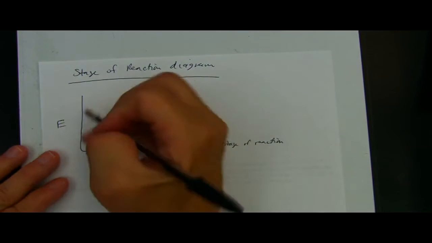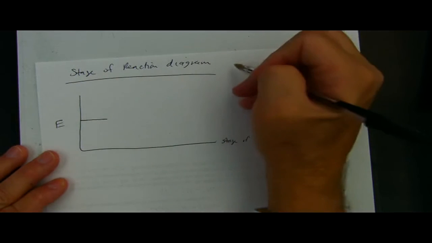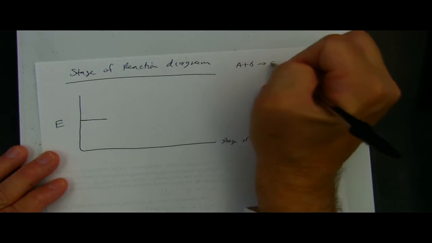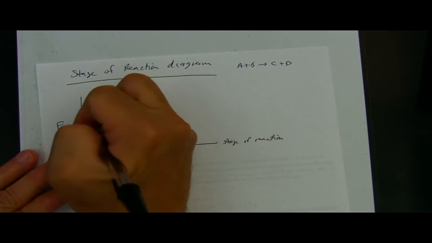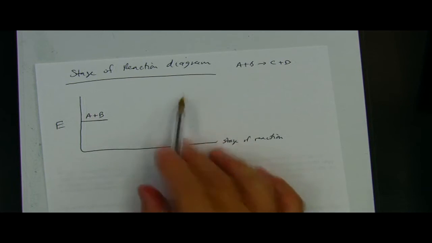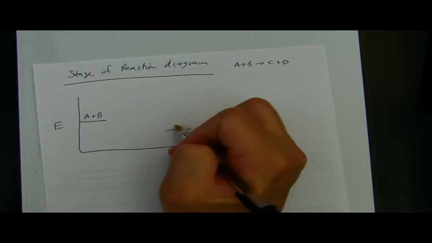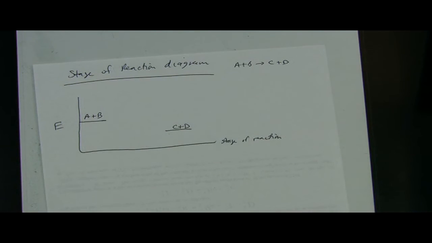For an exothermic process, let's say I've got the reactants here. Let's say this is A plus B goes to form C plus D. Here's the energy of the reactants, A plus B. For an exothermic process, where will the products be? Lower. So over here we've got C plus D. But what happens in between?